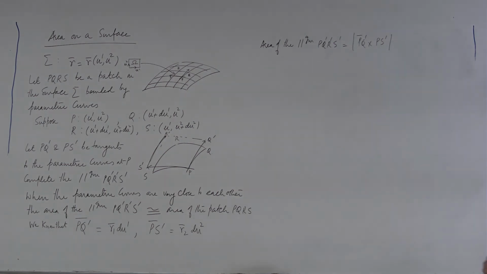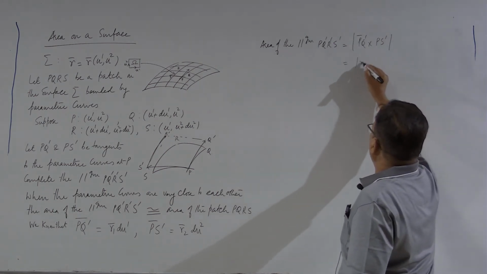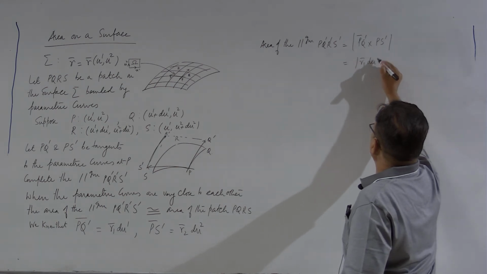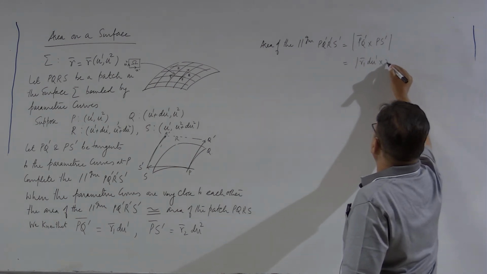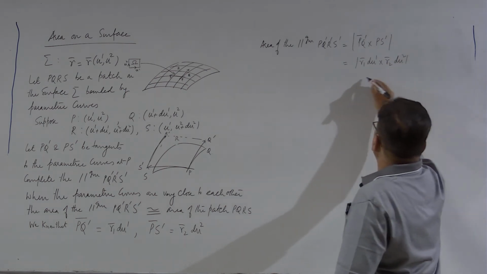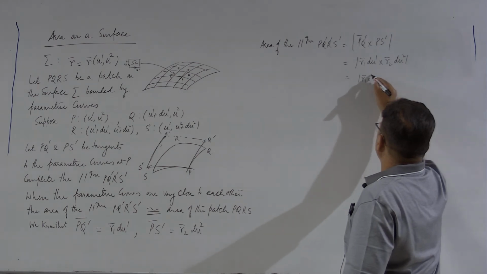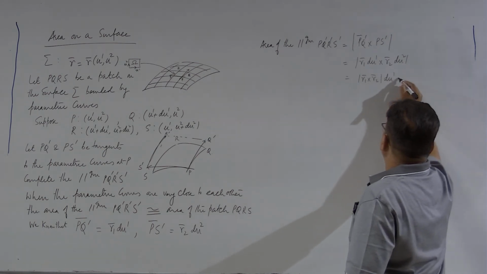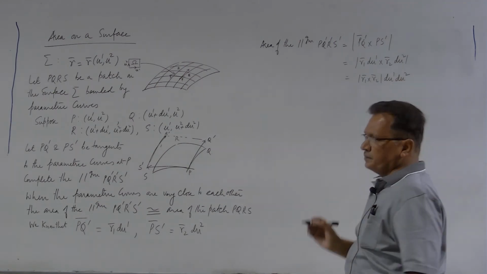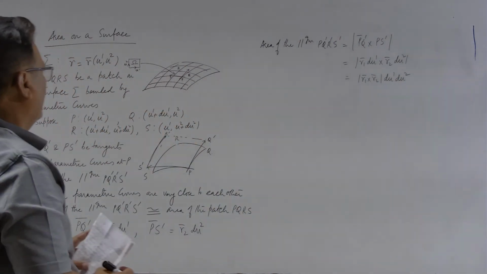P Q dash is r1 into du1, cross r2 into du2, and that will be equal to modulus of r1 cross r2 into du1 du2. So, this is the area of the rectangle or parallelogram.